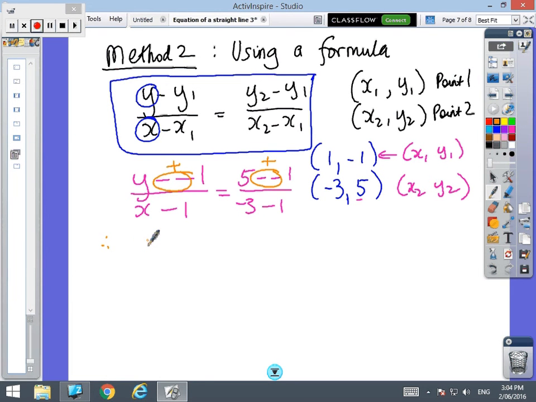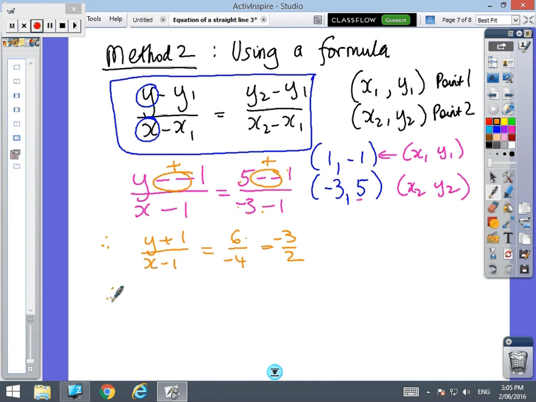So the next line is y plus 1 over x minus 1 equals 6 over minus 4. 5 plus 1 is 6, minus 3 minus 1 is minus 4. And I'm going to turn that into a smaller fraction. So I'm going to bring the minus sign up to the top, and 6 over 4 is 3 over 2.